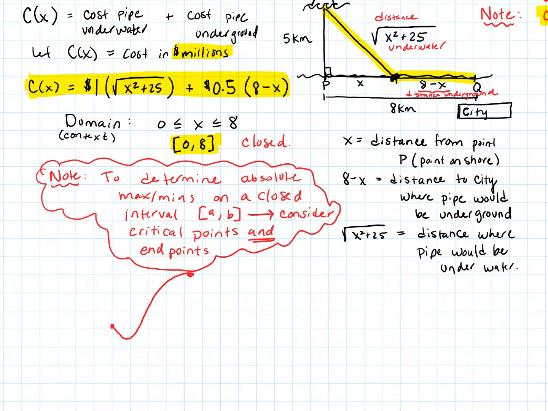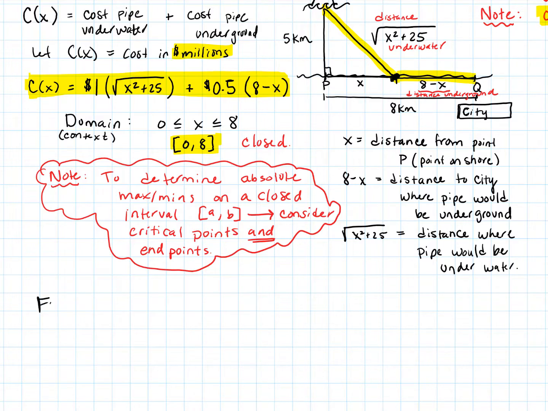If you're looking at a continuous function on a closed interval, notice that the absolute min occurs at this local minimum, but the absolute max is actually occurring at an endpoint. So that just goes back and is a quick reminder that we can have absolute maxes and mins at endpoints. So on closed intervals, we have to also remember to consider the endpoints. All right. So let's get back to it.